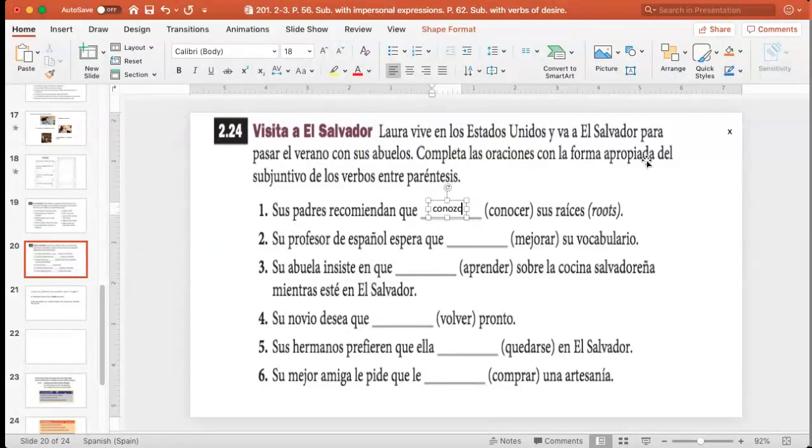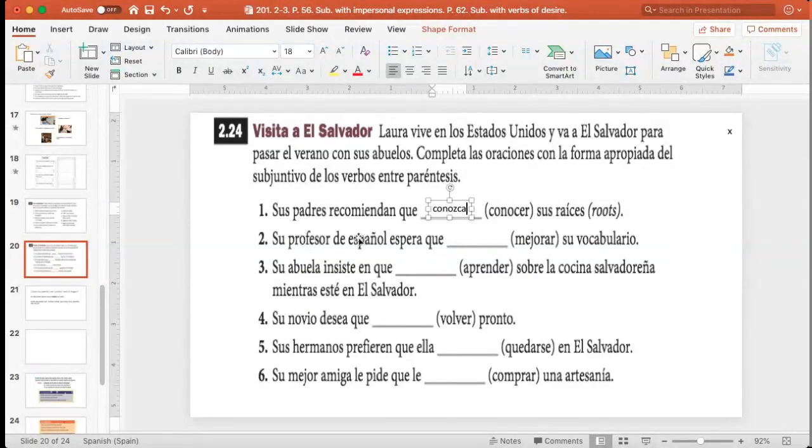conocer. First of all, you have to know yo present. Conocer, yo present. Conozco. Then you have to put a subjunctive here. Laura conozca. Y uno más, ¿ok? Su profesor de español espera que mejorar su vocabulario.